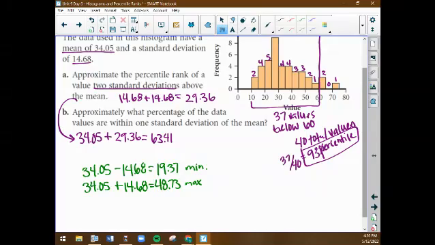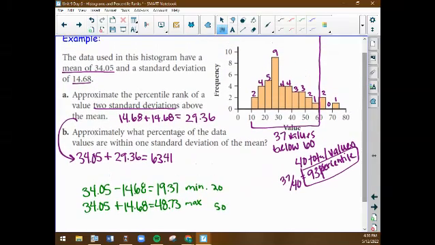Let's approximate to about 20 and 50. I want to figure out how many values I have between 20 and 50. 20 is here and 50 is here, right? How many data points do I have in between? We add up 5 plus 9 plus 4 plus 4 plus 3 plus 3, and we should get 28.